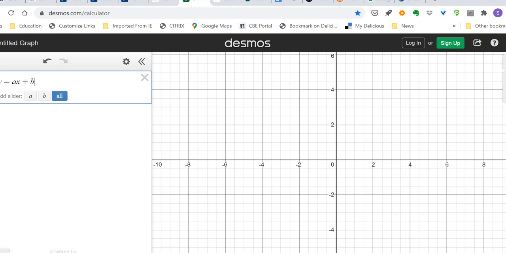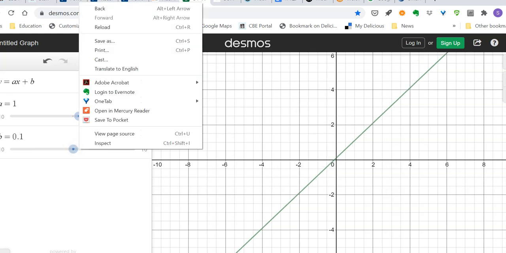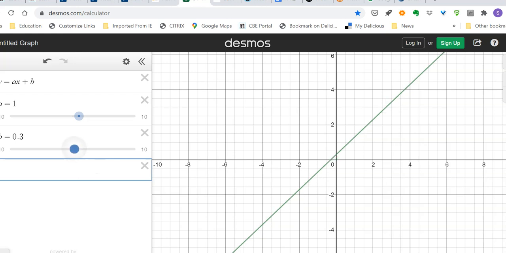Here's a neat thing about Desmos: when you type in variables, so ax plus b, it says you want to add a slider. What that means is it's going to start with a and b each being 1. Now I'd rather that b be 0.